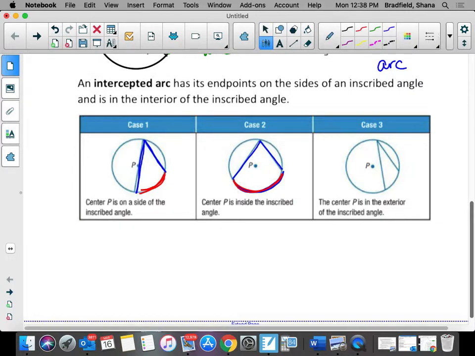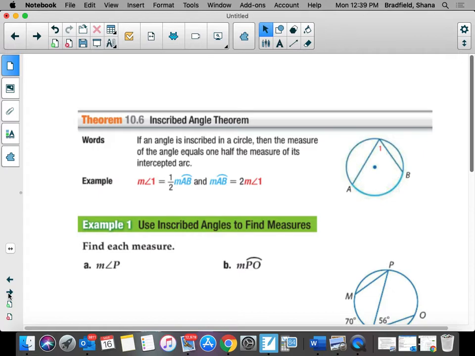Or maybe we have an inscribed angle that's all over to one side, and the center isn't between the rays, it's on the outside, but we still have an intercepted arc there. So those are all inscribed angles and their intercepted arcs.